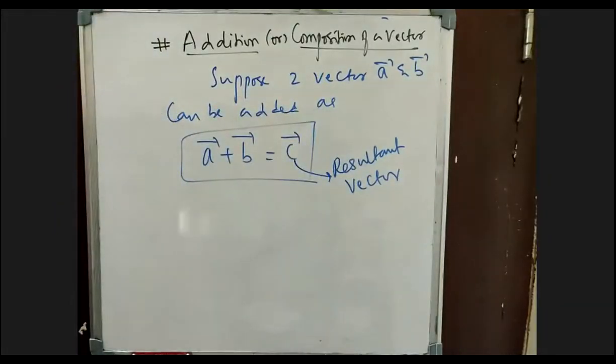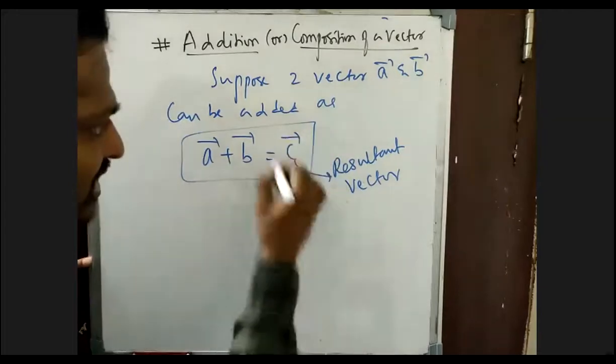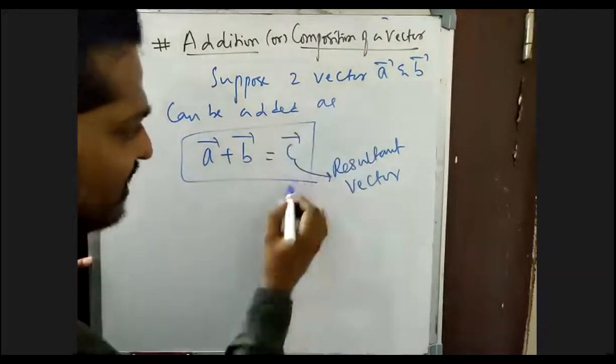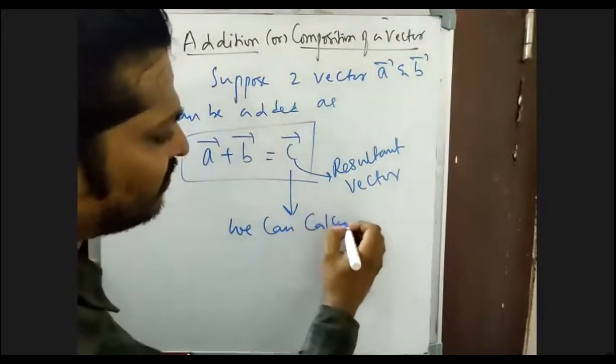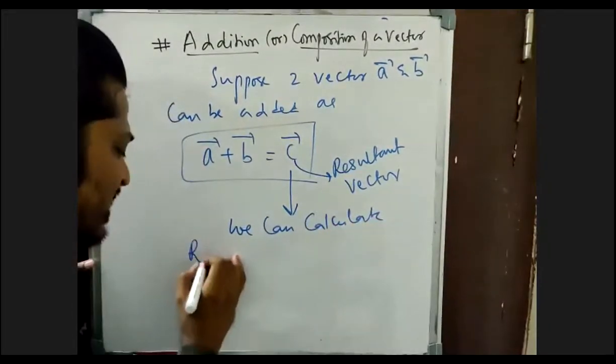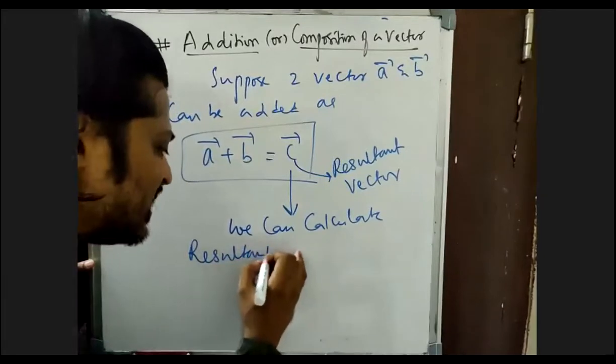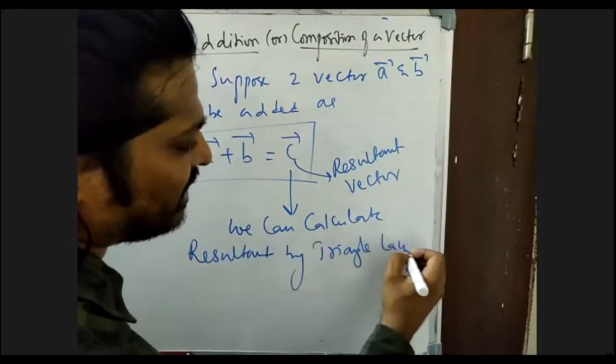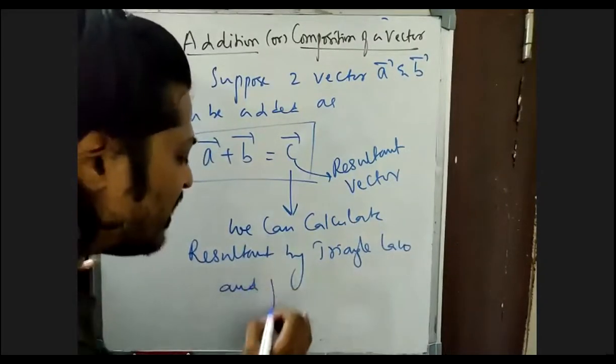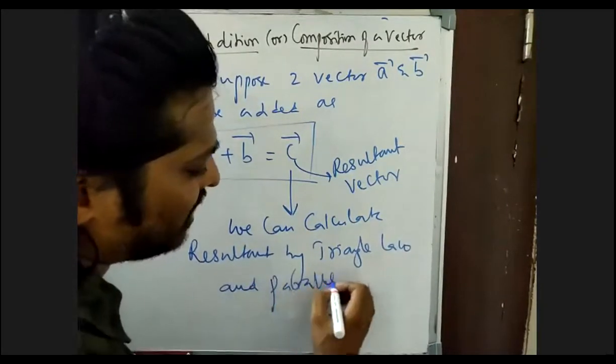This can be done by the triangle law or the parallelogram law of vector addition. That means we can calculate the value of the resultant by one, your triangle law, and another one is nothing but what? Parallelogram law.